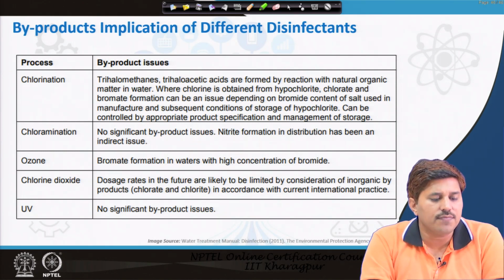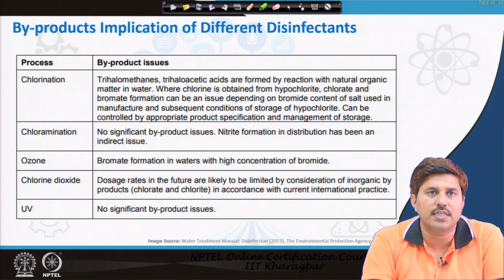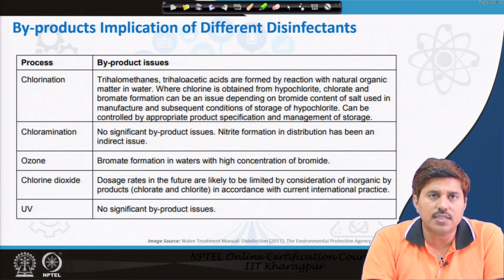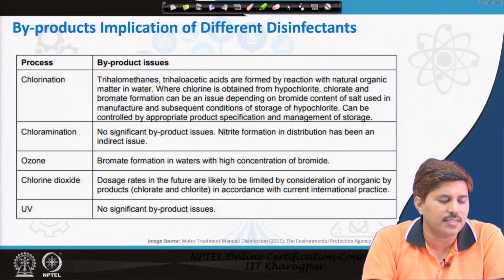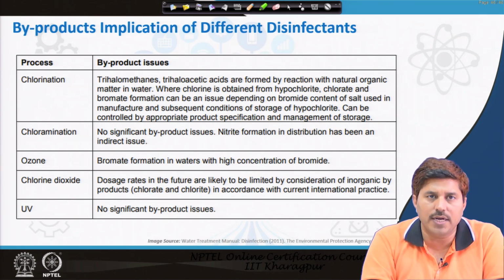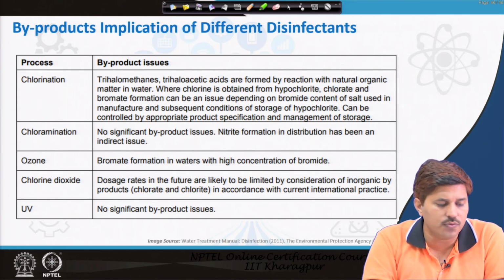Chloramination process, no significant byproduct issues. Okay. Nitrate formation in distribution has been an indirect issue though, because in distribution nitrate formation may occur. There is some byproduct formation in chloramination as well, but far less. Ozone will lead to bromate formation in water with high concentration of bromide, which could be an issue.